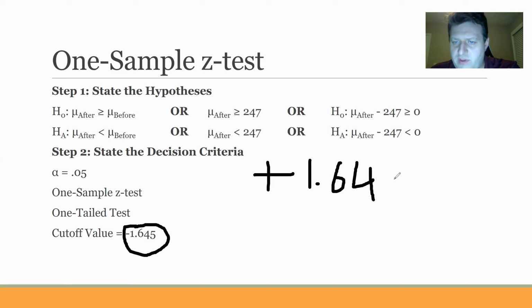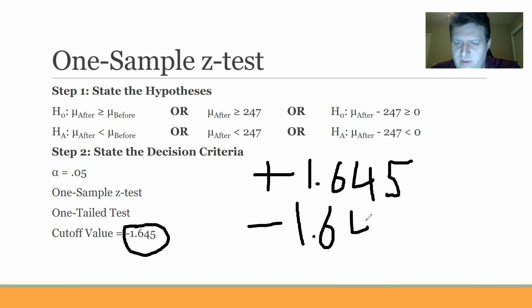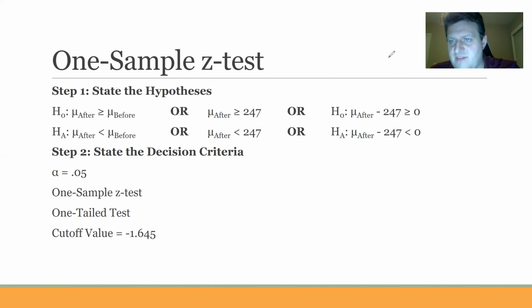Always, always, always. It's just the way that a normal distribution works. If we have a hypothesis that something is less than something else, it is 1.645 as well, but negative 1.645. Those values don't change. This is the way that the normal distribution is, and if we keep our alpha consistent, these are what the cutoff values are going to be.